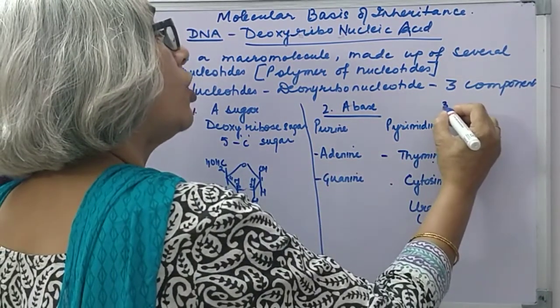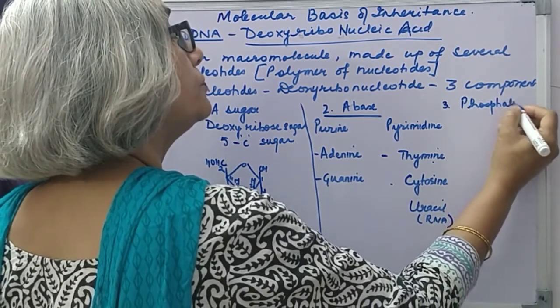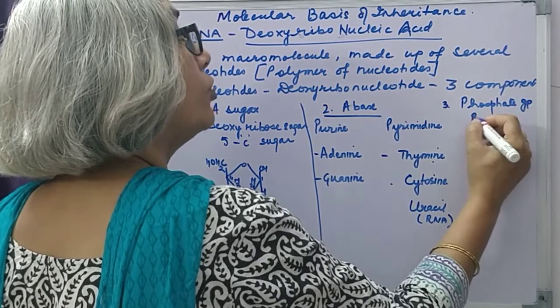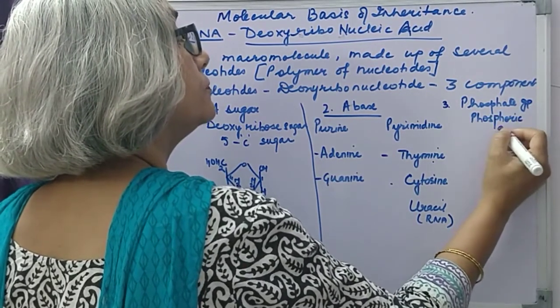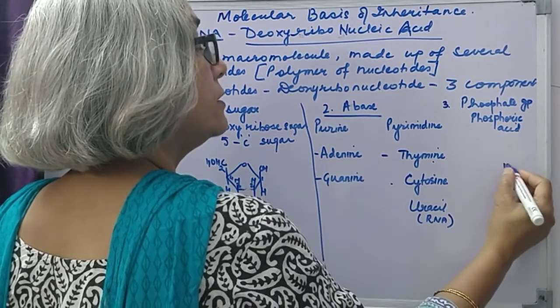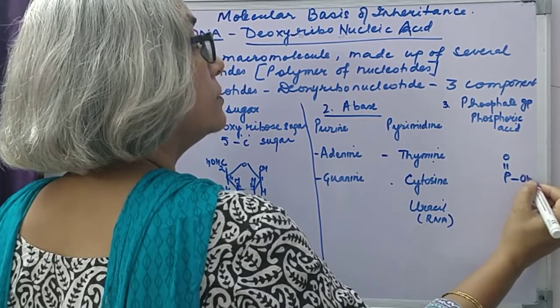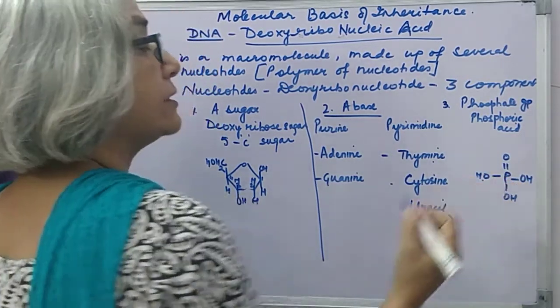And the third component is a phosphate group, or we can say phosphoric acid. If we show the structure of phosphoric acid, we can say this is phosphoric acid.